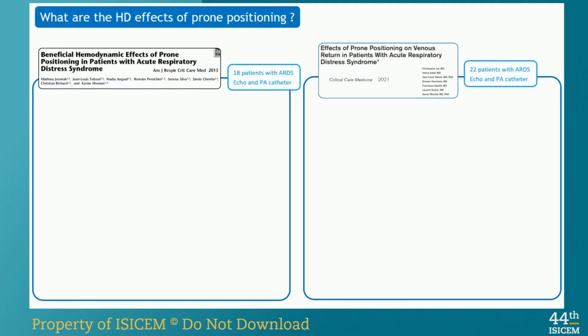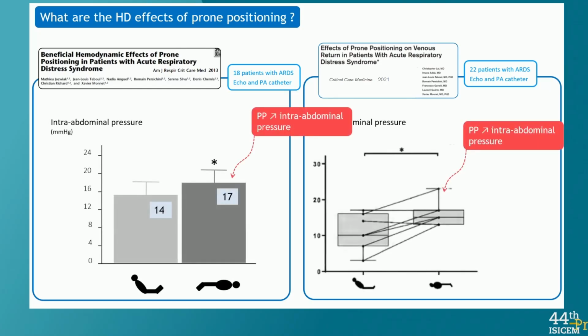This effect is significant. These are two studies with Mathieu Jozwiak and Christopher Lai that we have performed in our unit, where, in ARDS patients, we measured hemodynamics with a PA catheter and with echocardiography. And in both studies, we observed a significant increase in intra-abdominal pressure.